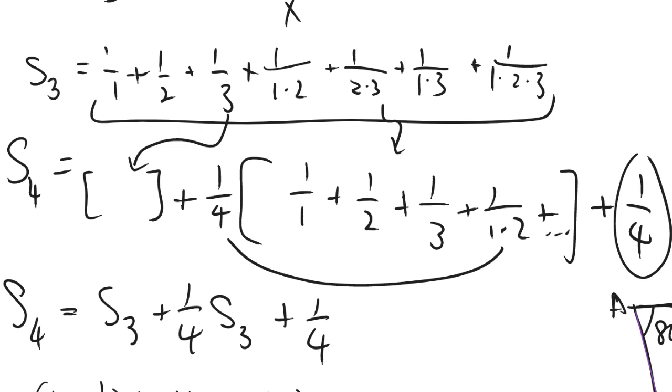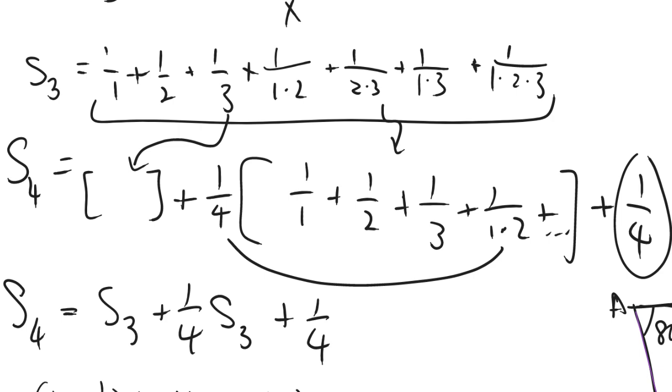If I factor out the 4, it's the empty set, but we don't count the empty set in S3. So just add one more 1 over 4 at the end. Basically, conclusion: S4 is S3 plus 1 over 4 times S3 plus 1 over 4. Right?